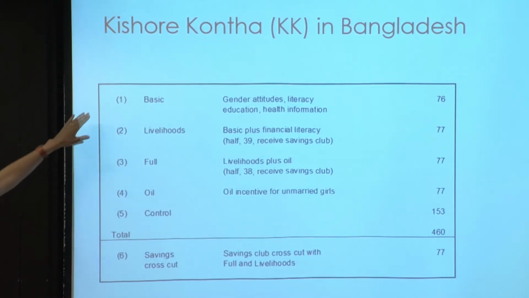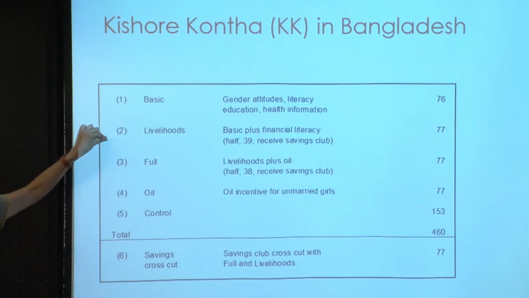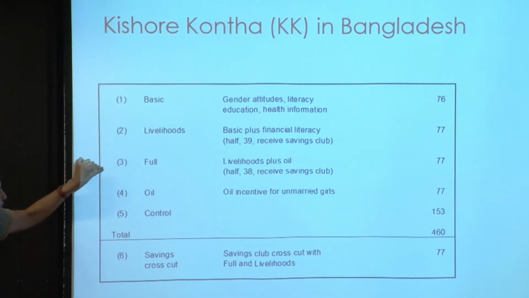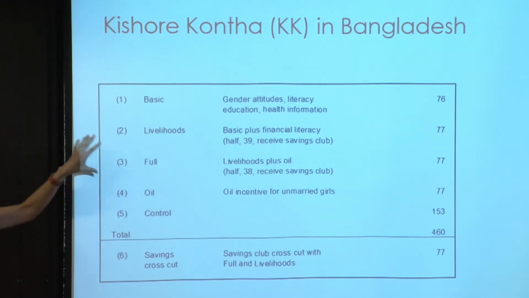So we have 4 treatment groups and a control group, and then we did a crosscut, which is we take half of this group and half of this group and add an additional treatment, which is these saving clubs. It doesn't actually use up any more sample size.